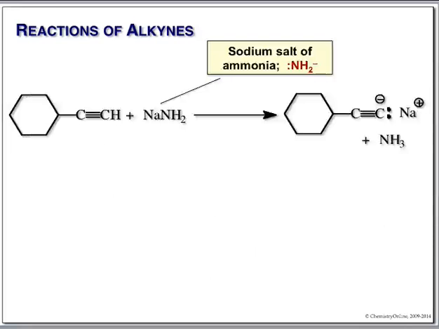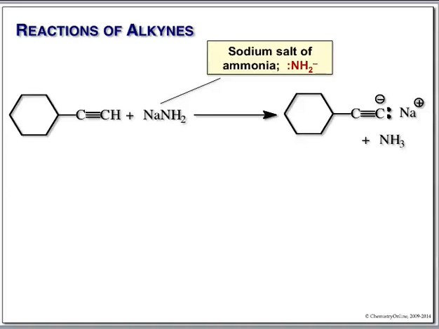Let's go ahead and talk a little bit more about this one. The base that we're going to use is sodium amide. Sodium amide is something that you make by taking solid sodium and adding it to liquid ammonia. Liquid ammonia is a lot like water. And when the sodium hits it, it fizzes, just like sodium does in water.